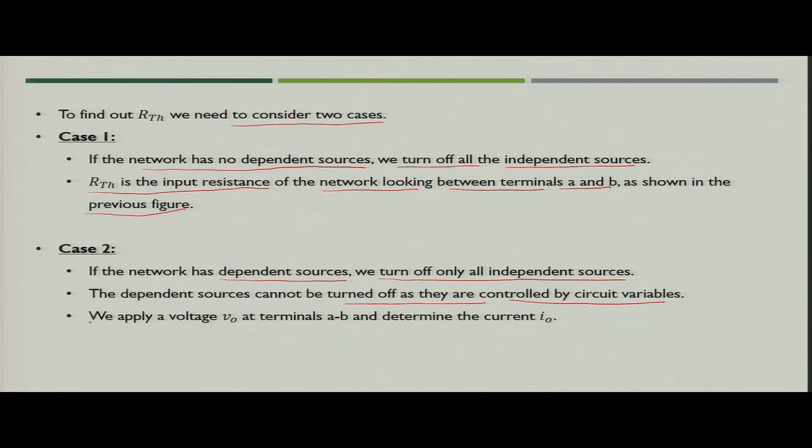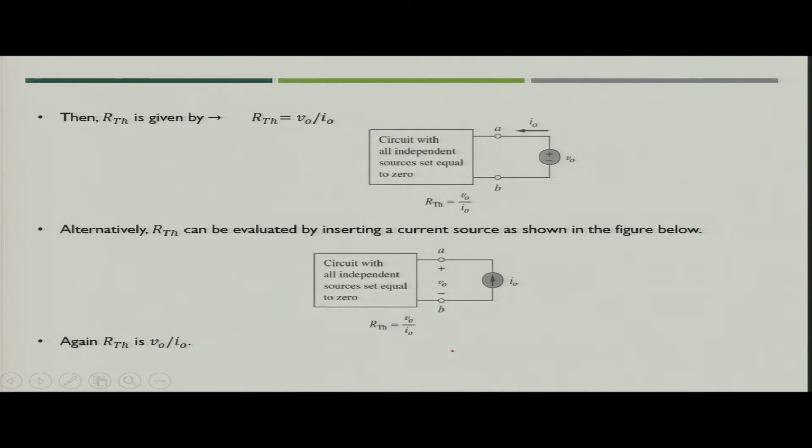How? You have to simply apply one voltage V naught at the terminal A B and determine the current I naught. So, what will happen in that case? Here the circuit with all independent sources equal to 0 is present, and the dependent sources are also available.